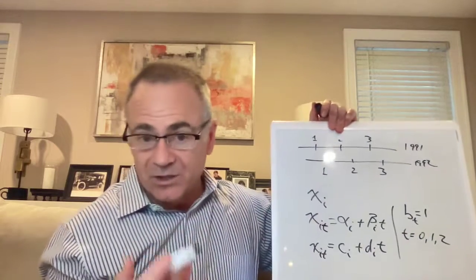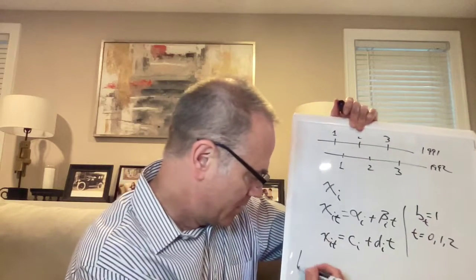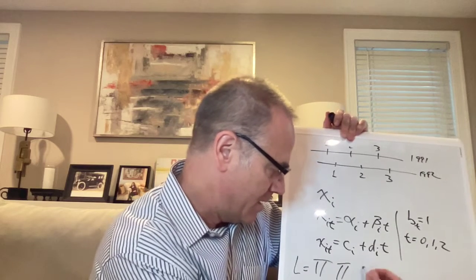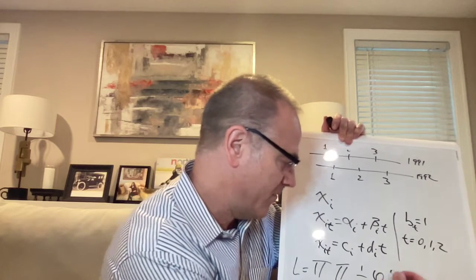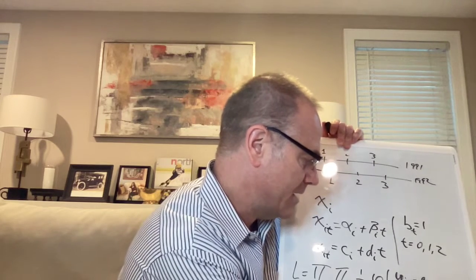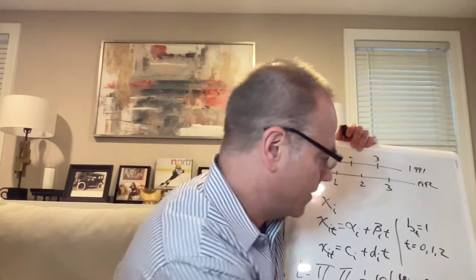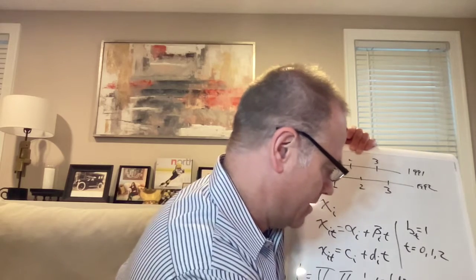There's only three years, and what I want you to do is write the likelihood function. Before, L just equals the product over I and the product over T of 1 over sigma times phi of (YIT minus AT minus, setting BT equals 1, XI) divided by sigma.